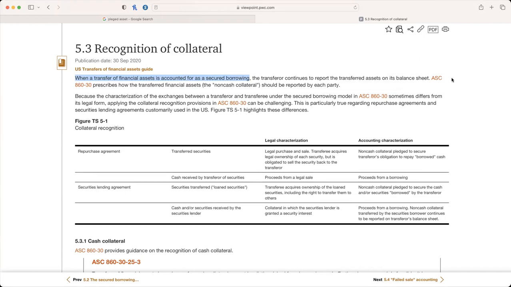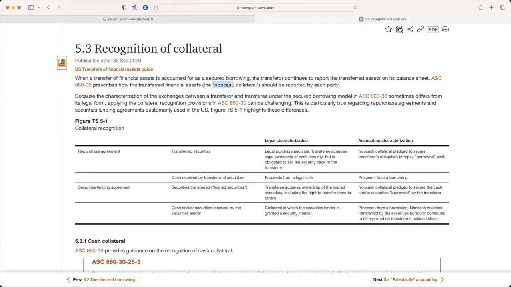Of course, when we go to these people, they say we're crazy and we're making this up, and sovereign citizen, that doesn't make any sense. But you're reading this from people who have securities licenses and they understand this stuff. And we're reading it right here. It says transferred assets on his balance sheet, and it says ASC 860-30 prescribes how to transfer financial assets, the non-cash collateral.